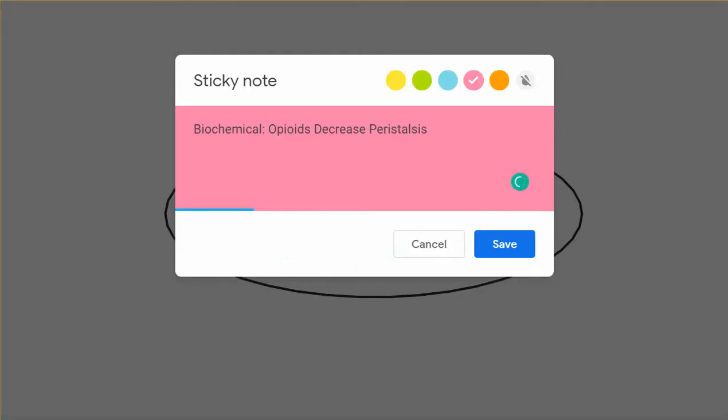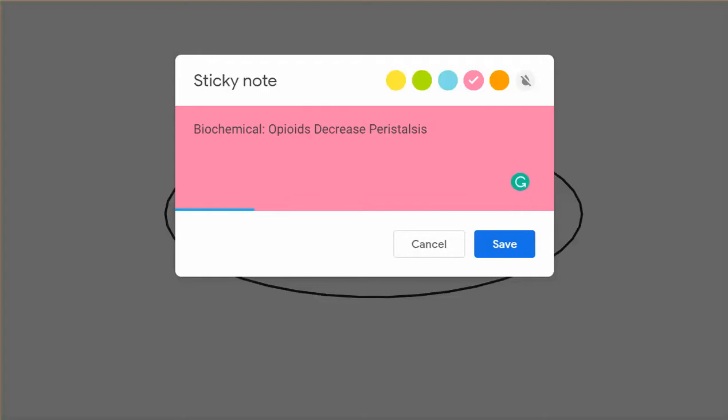So when we get to opioids later on, you'll find that opioids are used for pain. Well, opioids have a nice little side effect where they cause constipation. They decrease peristalsis. And so that is useful as an antidiarrheal.